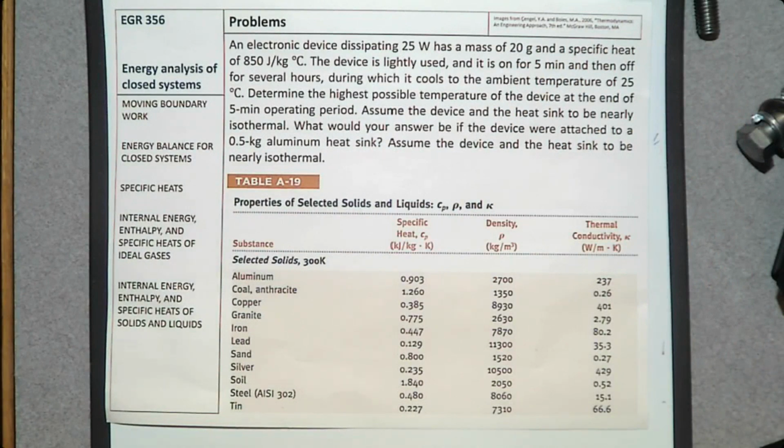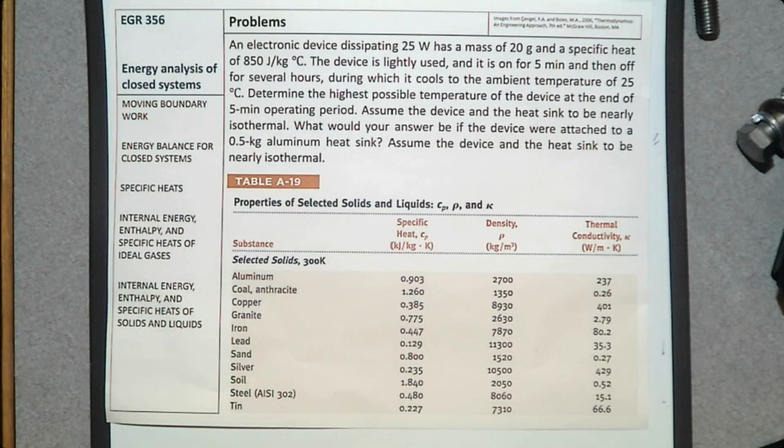All right. The last problem. We have an electronic device dissipating 25 watts, has a mass of 20 grams, and a specific heat of 850 joule per kilogram degree Celsius. The device is lightly used, and it is on for 5 minutes and then turned off for several hours, during which it cools to the ambient temperature of 25 degrees Celsius.